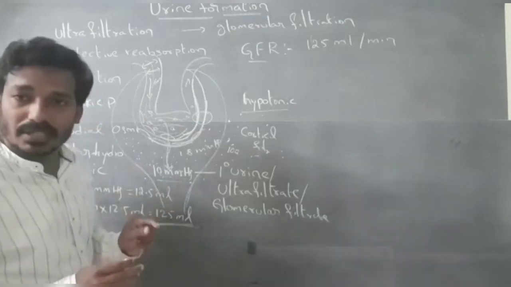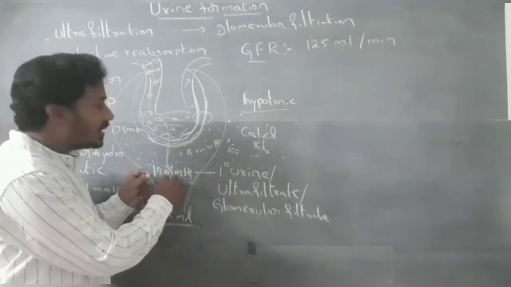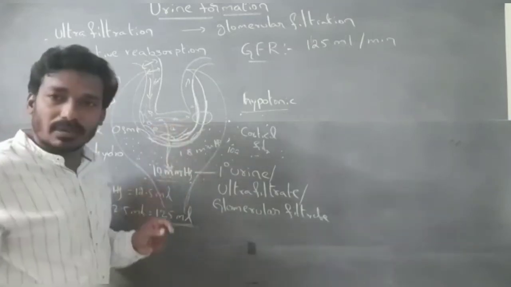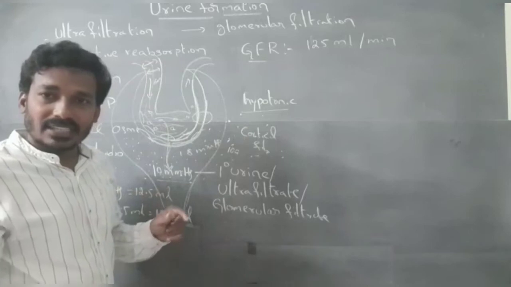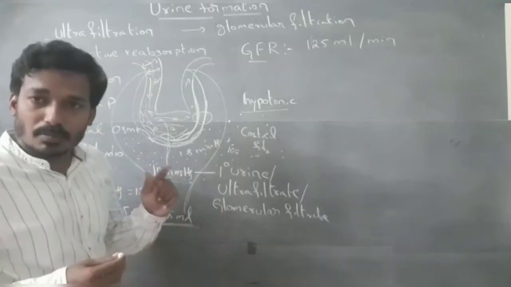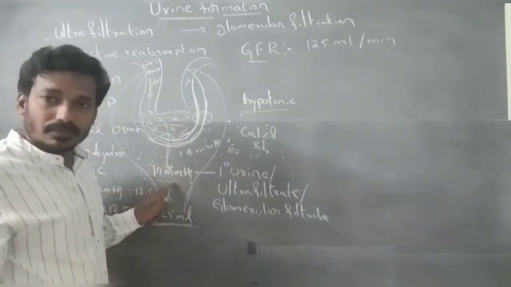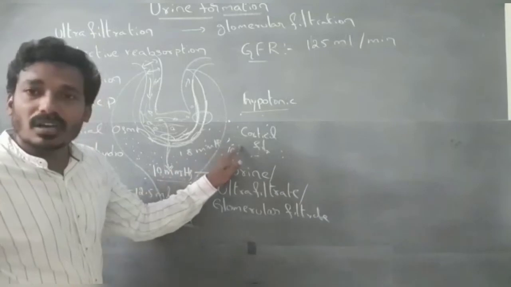Important: the main difference between primary urine and glomerular blood is plasma proteins. Plasma proteins are absent in primary urine. This is hypotonic to cortical fluid.